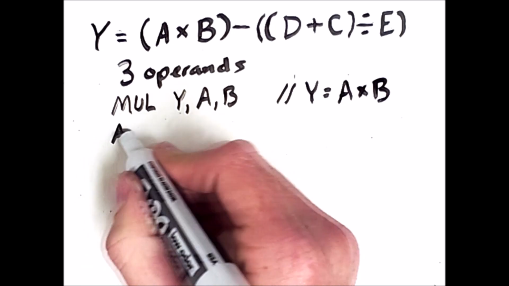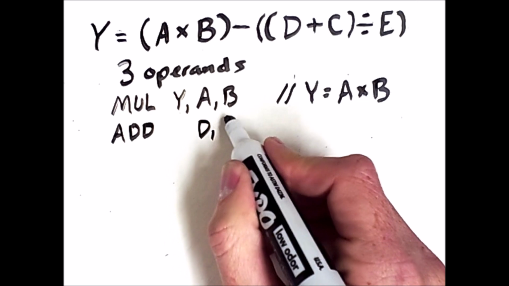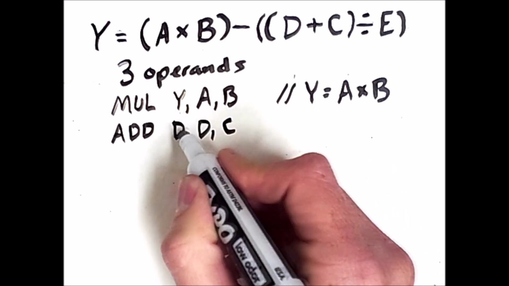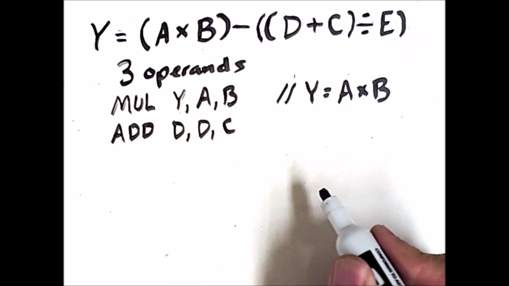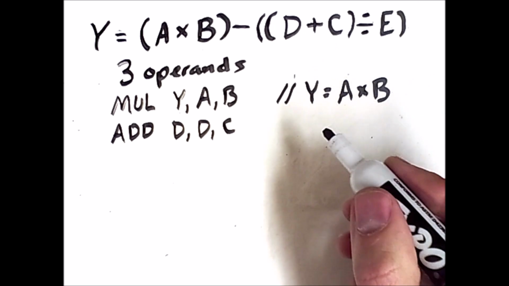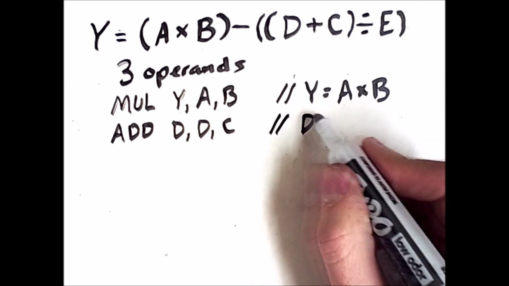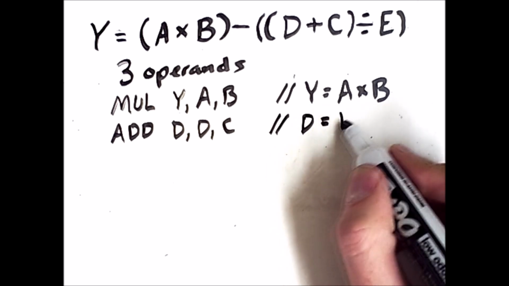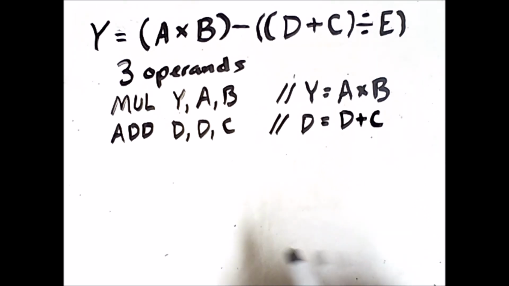And then I will add d and c and store the result in d. So note that I'll be overwriting the value of d. I could have put this in some other temporary variable perhaps, but I'm assuming it's okay to overwrite the values I have. So at this point, d equals the original value of d plus c.